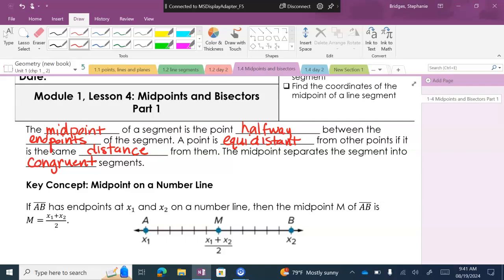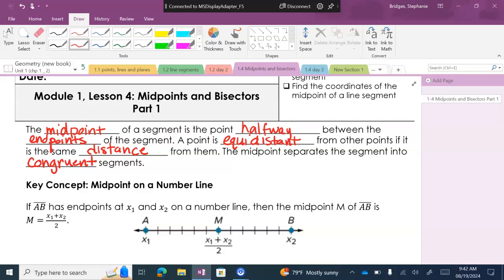One way that I could determine what the coordinate of M is, I could take this endpoint, add this one, and divide by 2. That's finding the average, right? What's in the middle. So if you would take one point, add the other, and divide by 2, that would give you the midpoint. What would be an easier way? Could I just count from A to B, and then figure out half of that and go to M?